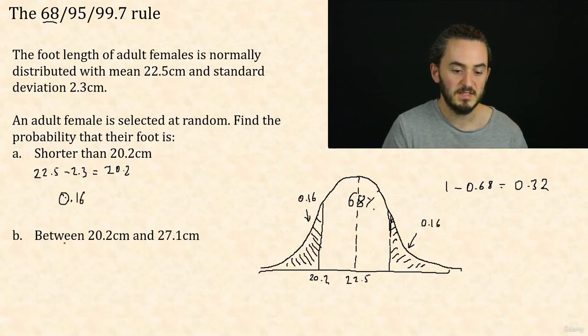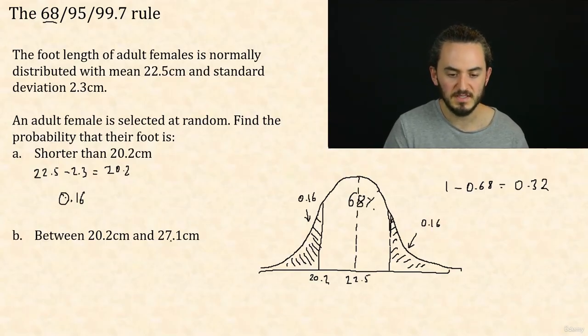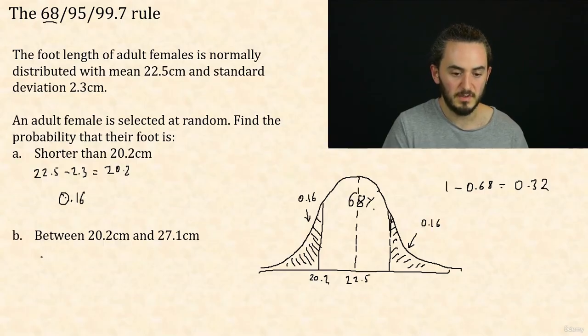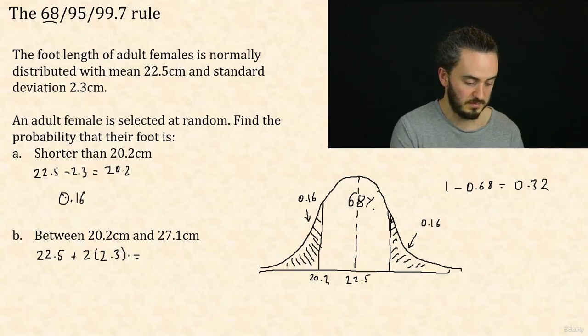Okay, what's the probability their foot is between 20.2 and 27.1? What's 27.1? If we take the mean and add 2 standard deviations, that's 22.5 plus 2 times 2.3. Yes, that gets us to 27.1.